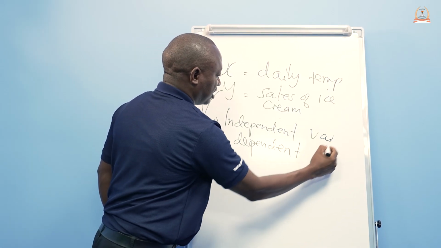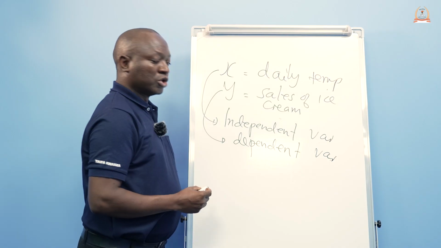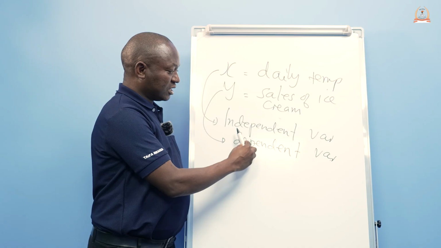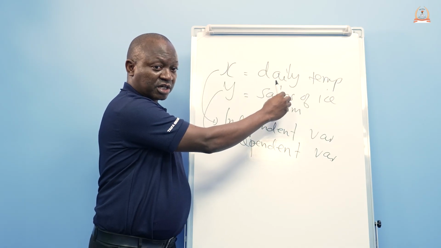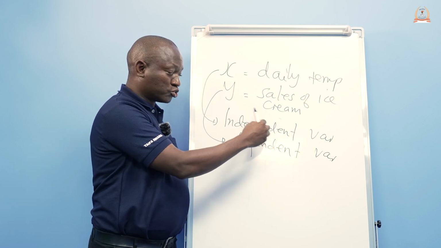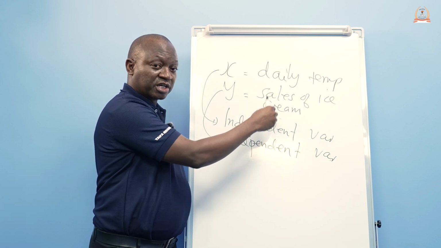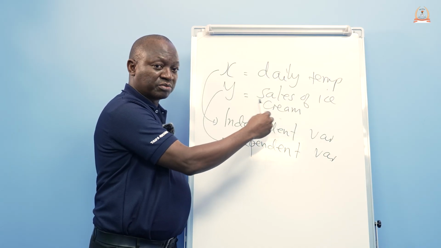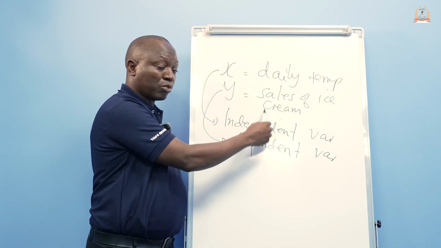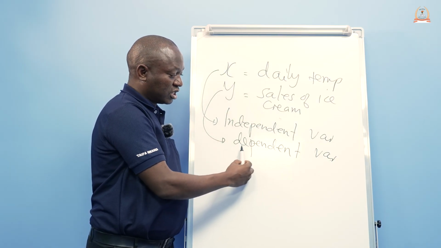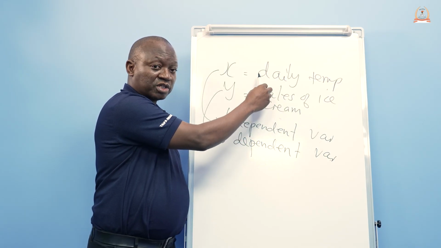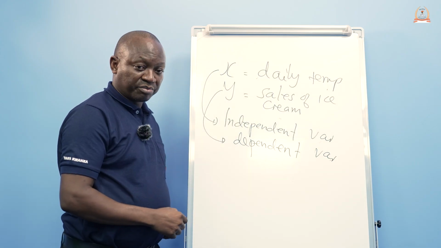This means the daily temperature causes sales of ice cream to change. When the temperature changes, when it is cold, it means you can sell less ice cream, and when it is hot, we can sell more ice cream. So sales of ice cream depend on the temperature.